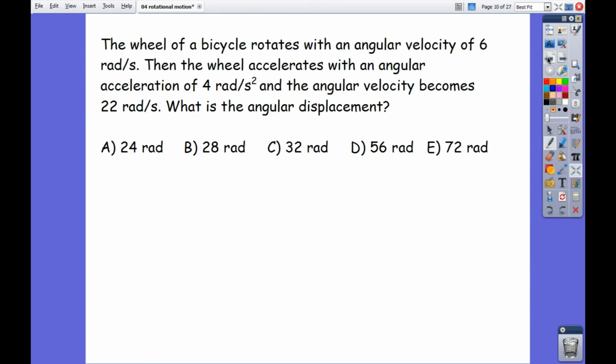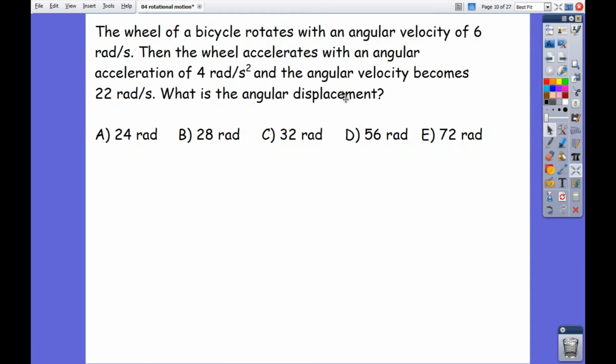Next, the wheel of a bicycle rotates with an angular velocity of 6 radians per second, then the wheel accelerates with angular acceleration of 4 radians per second squared, and the angular velocity becomes 22 radians per second. What is the angular displacement? For this one, this is omega 1, alpha, and then this is omega 2 given.